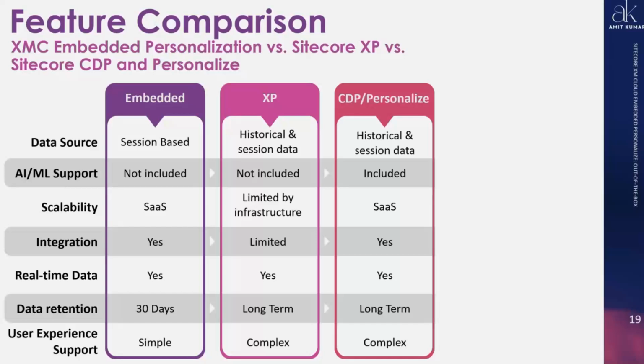So you need to embed the code you have written in personalize here, or based on your MVC logic, you can also make an HTTP request to the CDP and verify that, and you can change the rendering data source also. So you can do that, but it's not out of the box. You need to write code to utilize that.